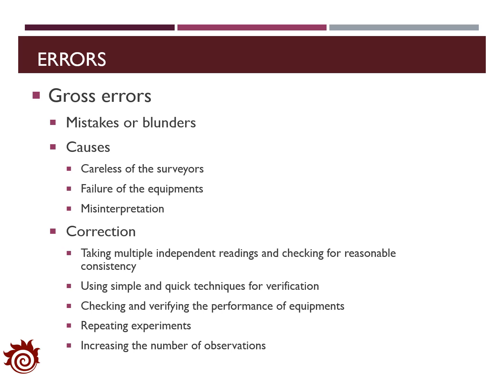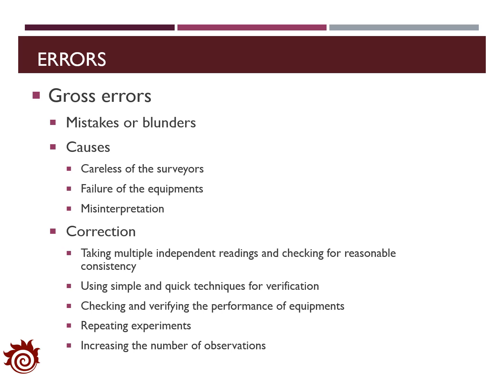In order to remove such errors, we need to take multiple independent readings and check for reasonable consistency of the observations. Also, we have to use some simple and quick technique for verification in the field experiment. If you find any error, you can quickly repeat the experiment and get a new observation.